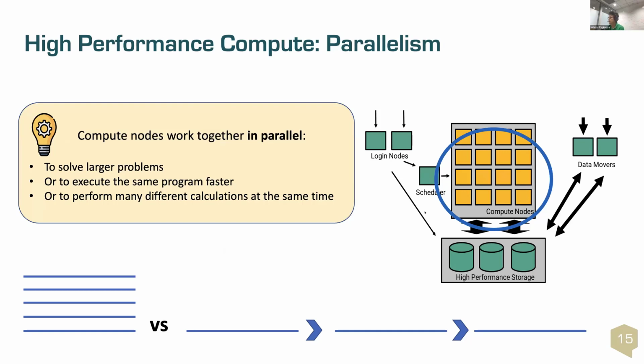So the compute nodes, what we are saying here, and this is the other part of the supercomputer, is that they can work in parallel. So basically operations in parallel rather than operations in serial, one after the other.